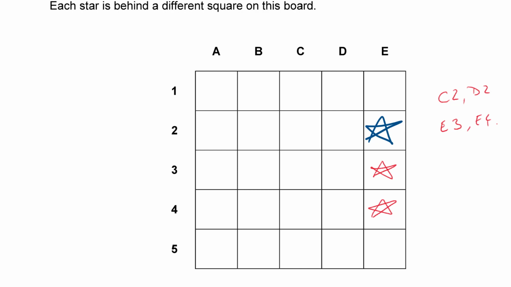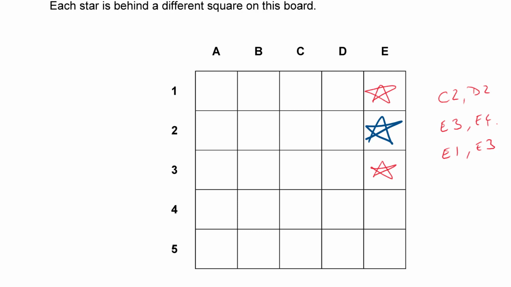Now they could also, I suppose, be like that, couldn't they? So they could be in E1 and E3. And I think that's the only other possibility, isn't there? That's the 3 different possibilities that they can be.